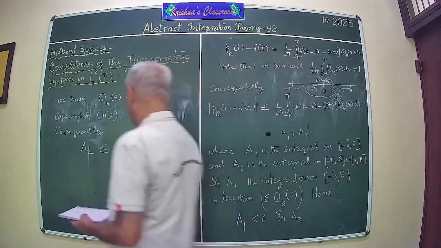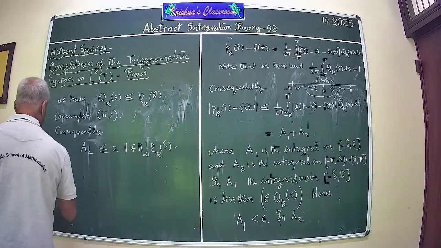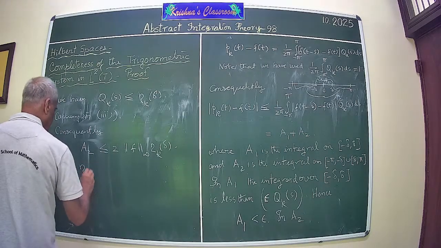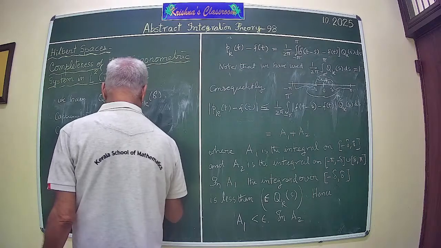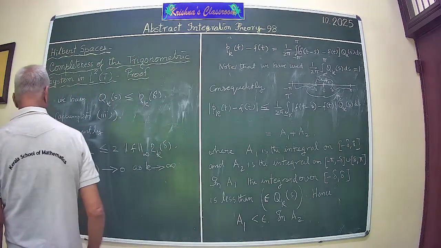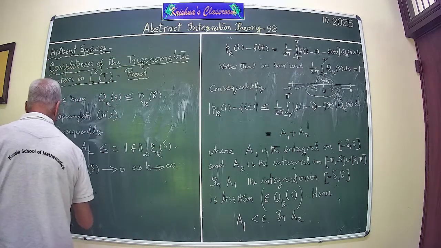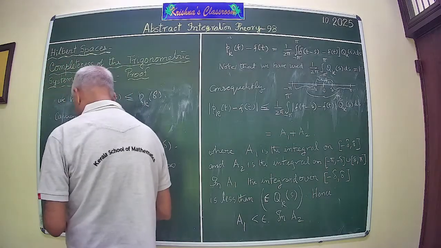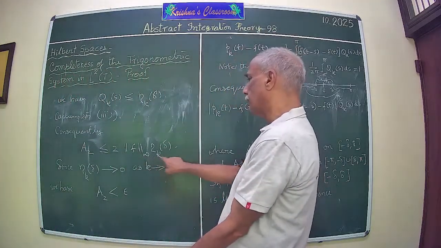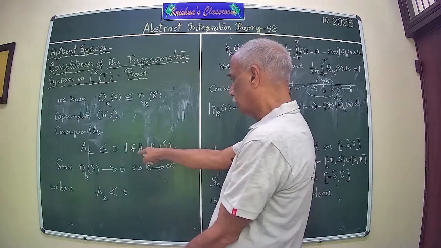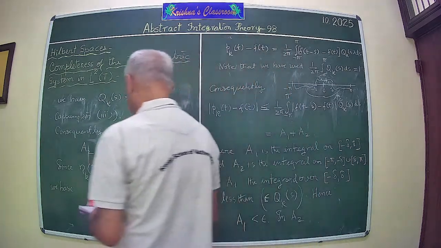Okay, which you know that since norm of f infinity, we have A2 less than epsilon, because you can make this epsilon divided by twice norm of f infinity, okay, less than epsilon.